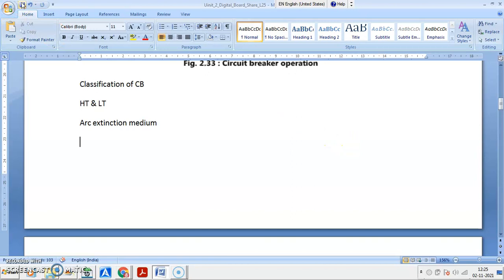Okay, so let us see classification of circuit breaker.